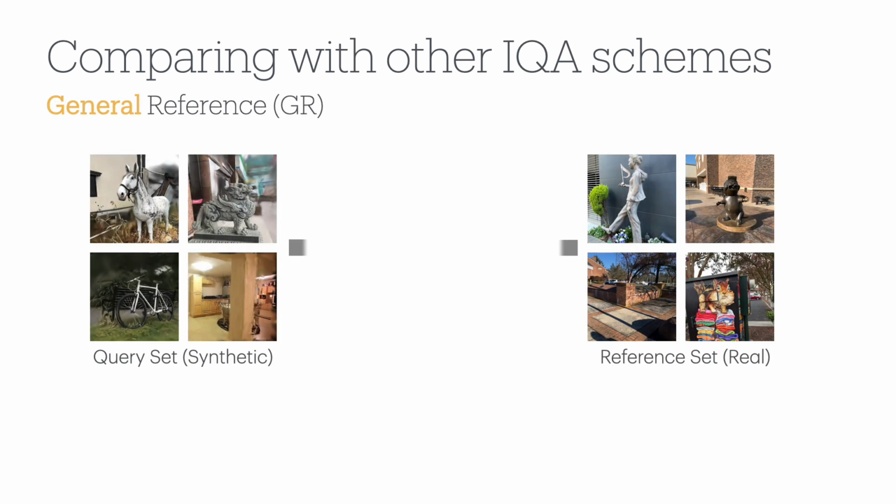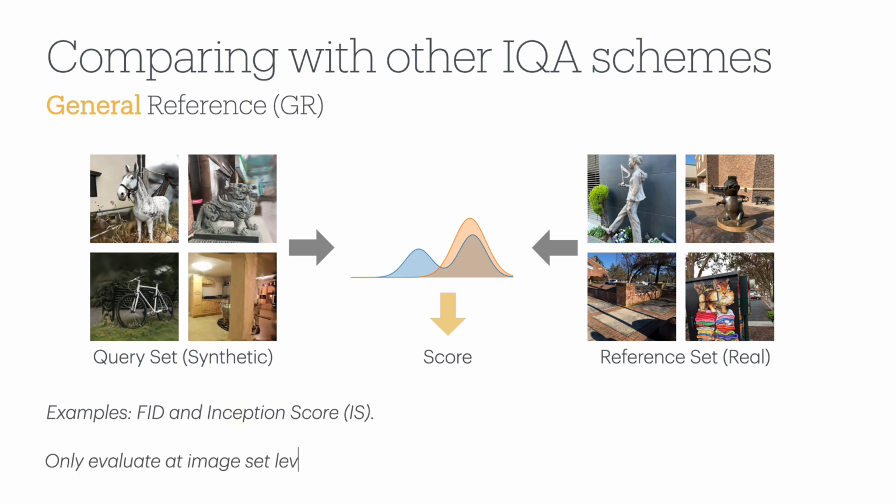Another category in image evaluation methods is so-called general reference. Examples include FID or inception scores. These methods are widely used in image generation applications to tell between real and fake images. The principle of these methods is comparing distributions between two image collections, the collection of real images and the collection of fake images.